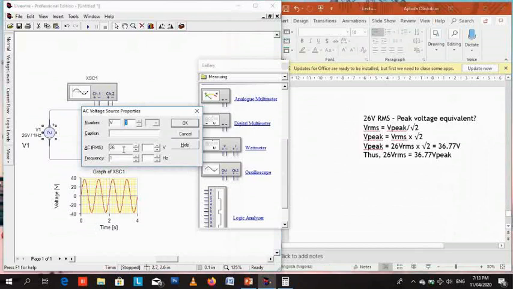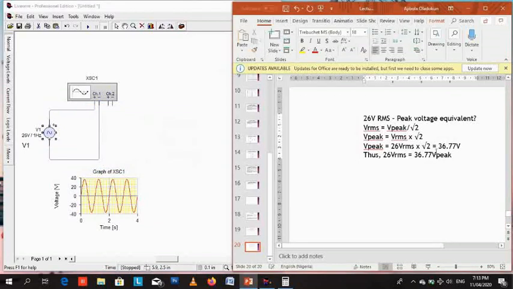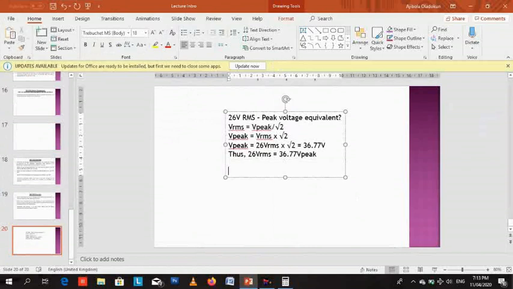The actual voltage rose above 26 and got to 36.77 volts V peak. And then after it got to 0, it dropped all the way down to minus 36.77 V peak. So positive V peak and negative V peak.